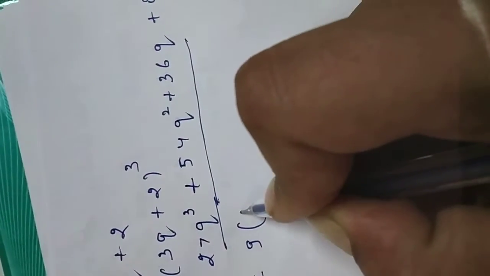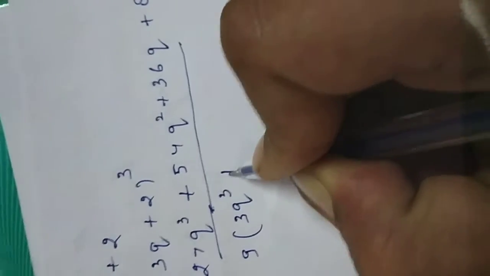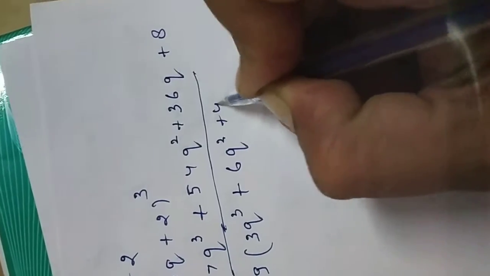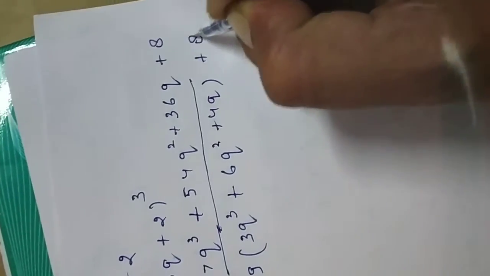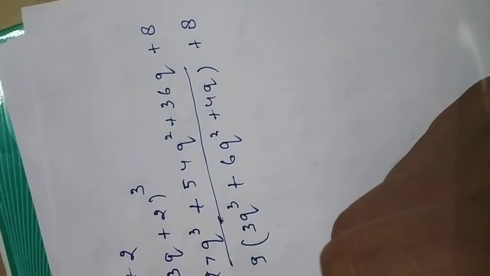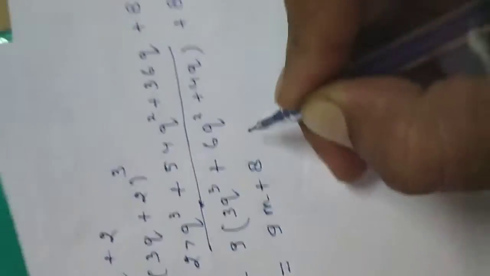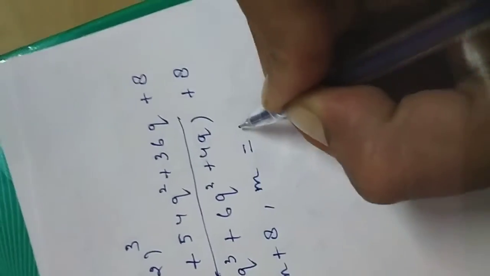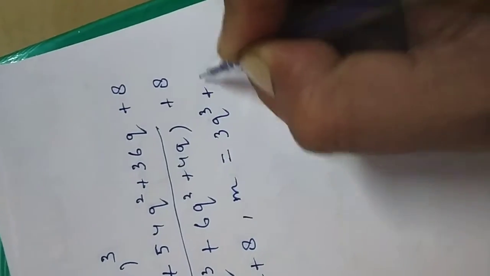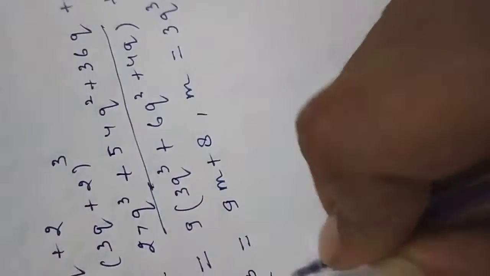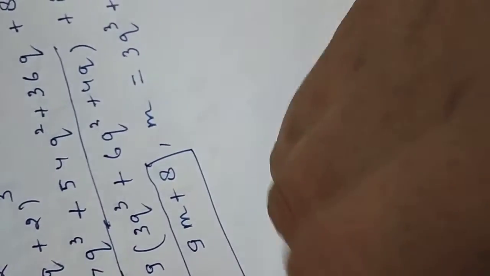So it will be 9 times 3q cube plus 6q square plus 4q, plus 8. Again, we can write this bracket as some integer m. 9m plus 8. Here we have taken m is equal to 3q cube plus 6q square plus 4q. So this is our equation 3.